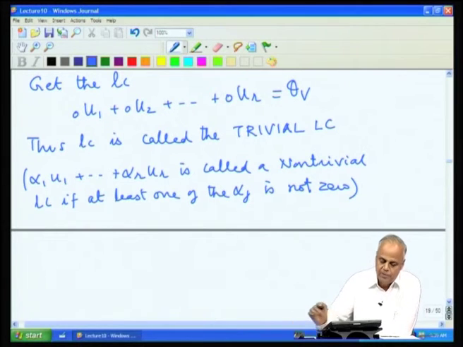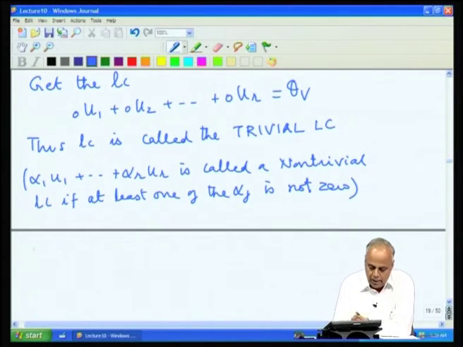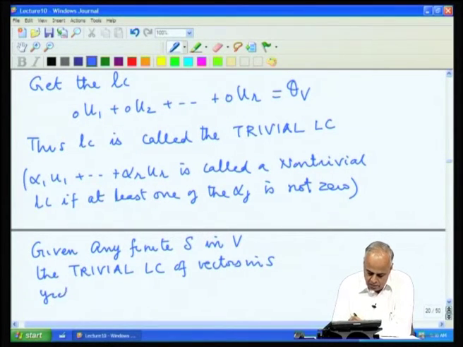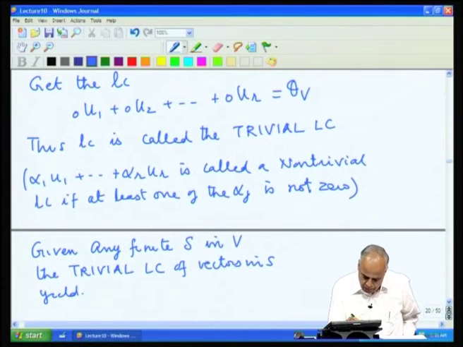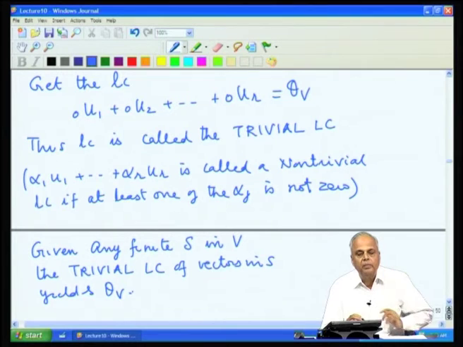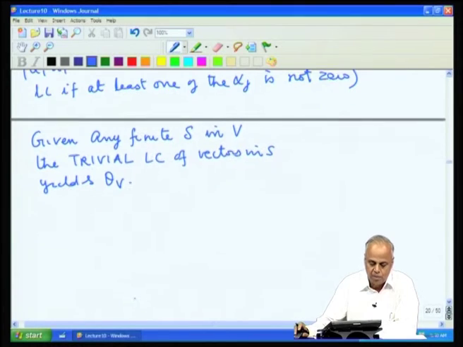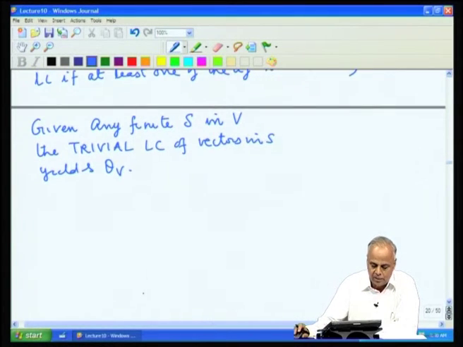So, now what we have observed is that given any finite set S in V, the trivial linear combination of vectors in S yields the 0 vector theta V, and therefore, we can always get the 0 vector in this form as a linear combination of any finite set of vectors.